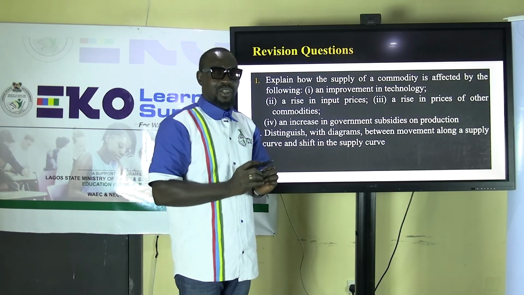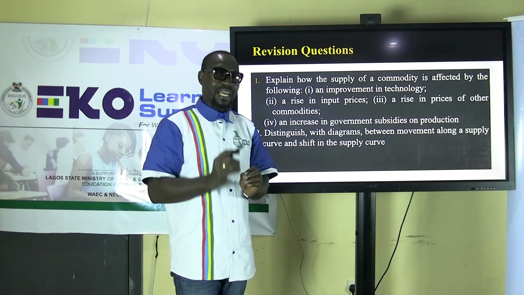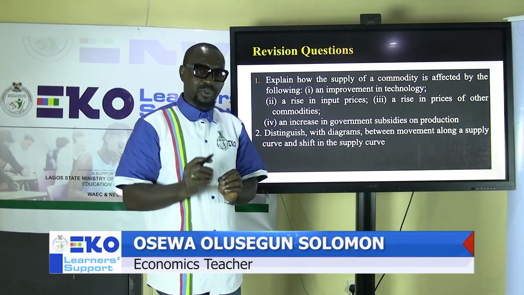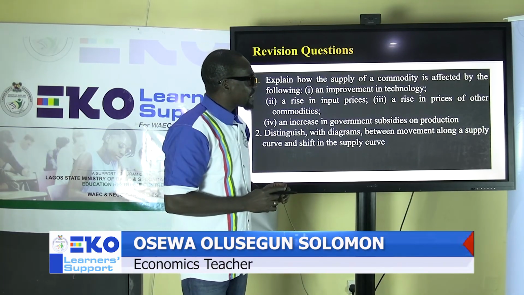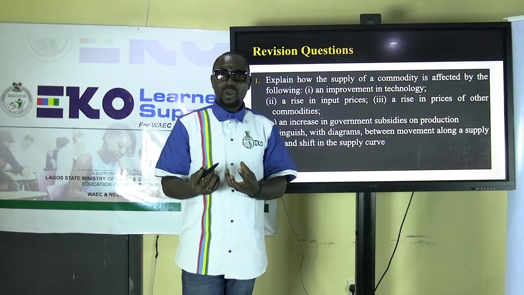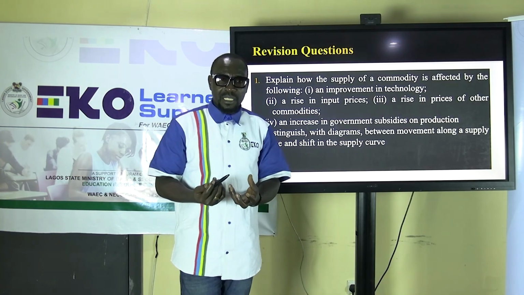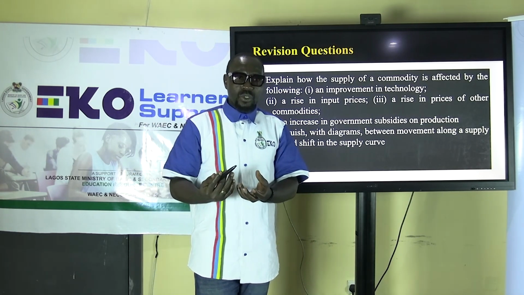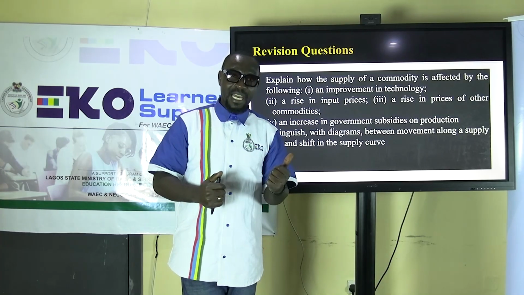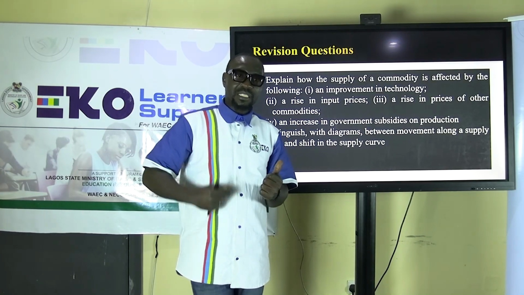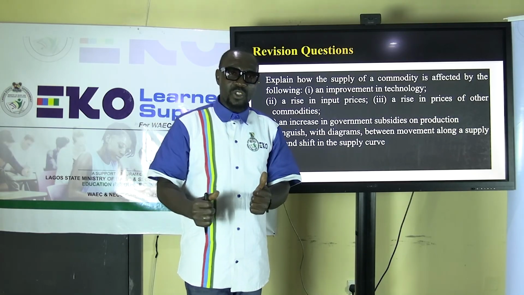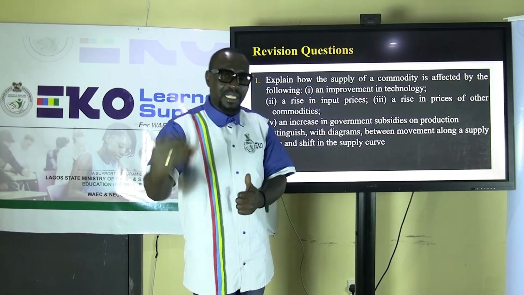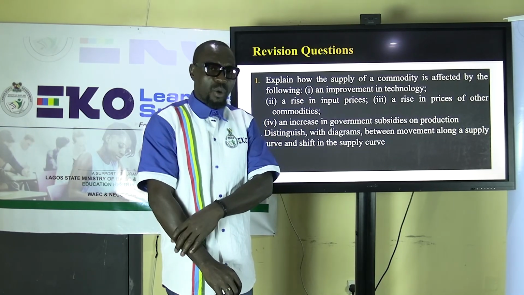Because the law of supply states that the higher the price, the higher the quantity offered for sale. So if there's a rise in the prices of other complementary commodities, the supplier of the complement sees an opportunity to also benefit from the price rise and therefore increases the quantity supplied. So in the case of complements, the rise in price of one leads to a rise in price of the other and an increase in the quantity supplied of the commodity.